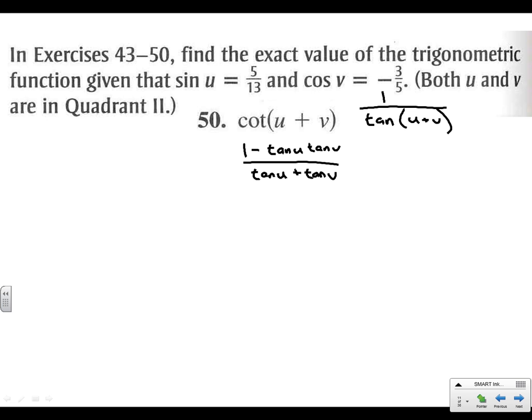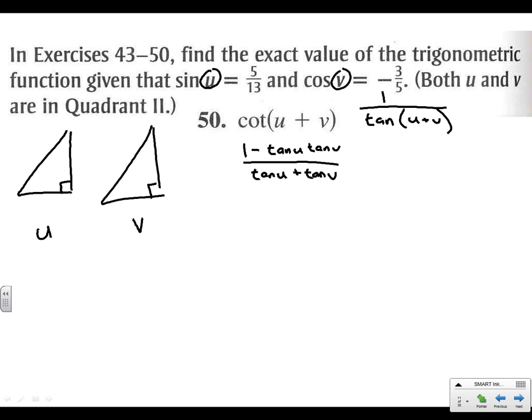So what is tan u and tan v? Well, to get this, they give us some information about the u and v triangles, so we're going to go over here and draw them. This will be triangle u, and this will be triangle v. Two separate triangles. From theta in u, they tell us sine, so opposite over hypotenuse. Since we're in quadrant 2, we know that the x values are going to be negative.